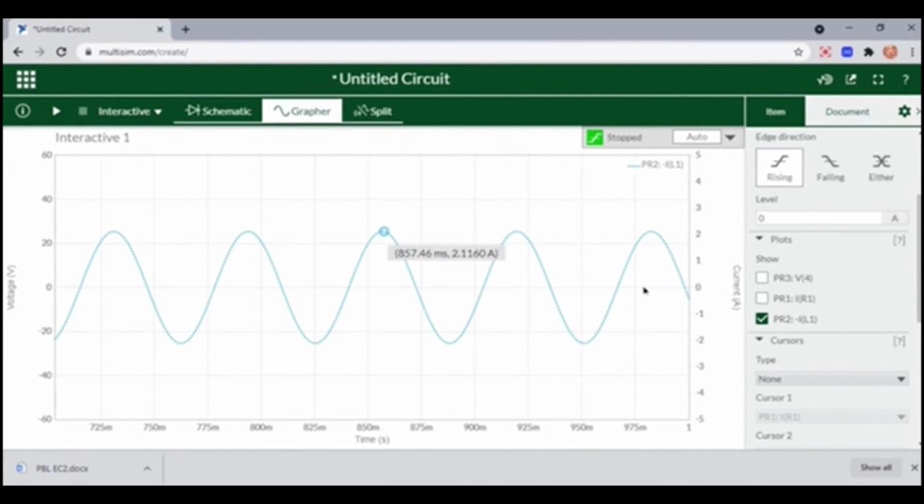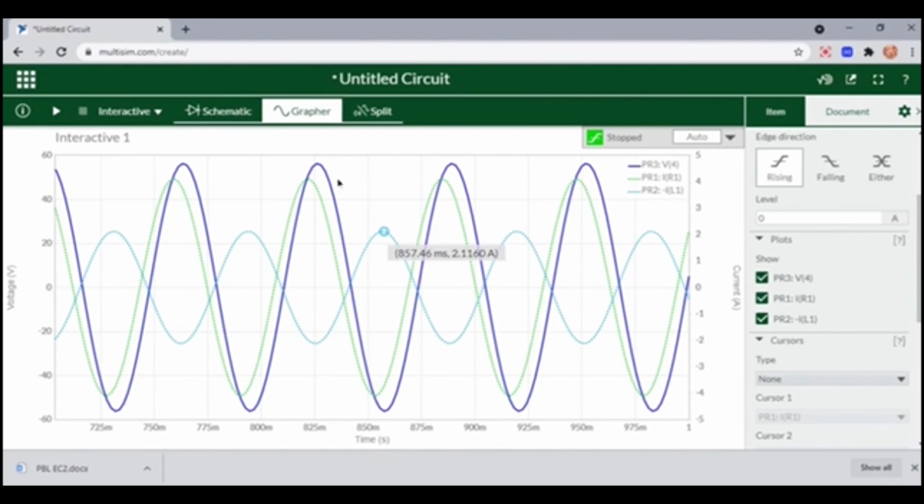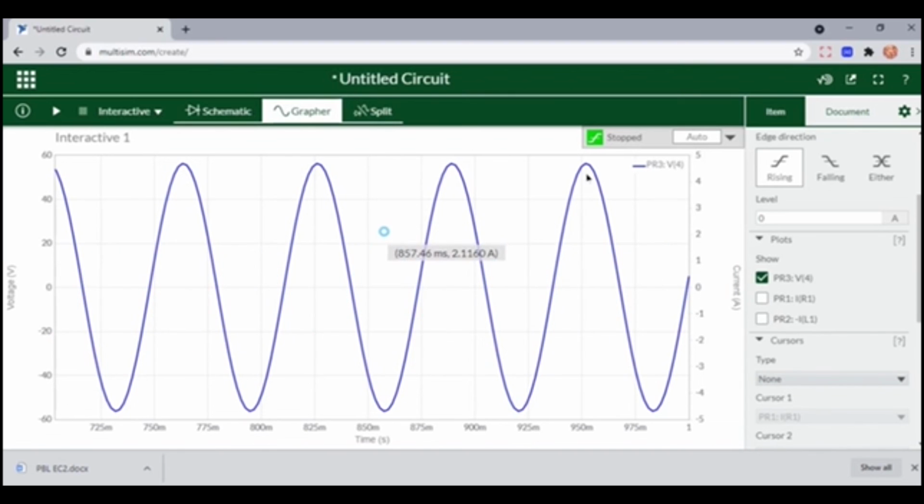Okay, this is the graph for V out, I1 and I2. This is the graph for V out.